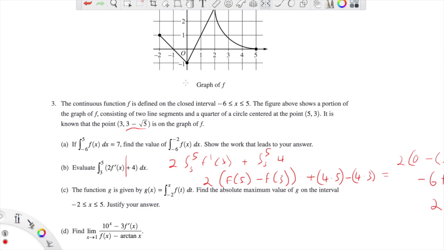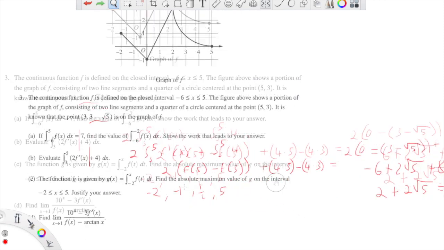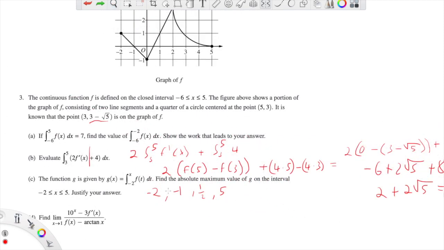And so theoretically, that could occur at the start point, or at one of the critical points, right? So that's going to be negative 1, a half, and at 5, right? At all the zeros. So we've already solved this in part A, basically. So it's pretty easy to speed through.